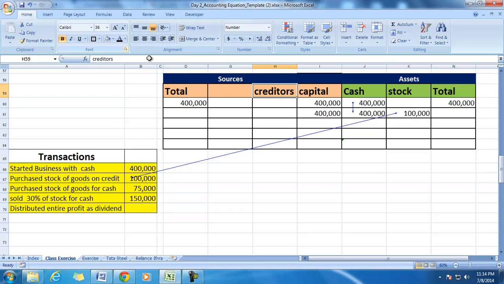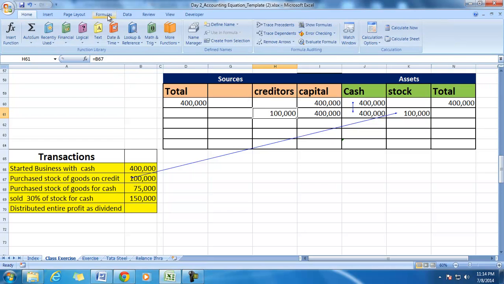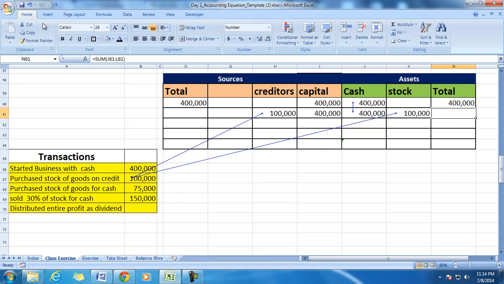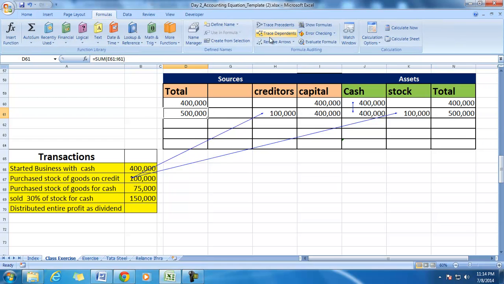However, there is another source, and the source is 100,000, which is a creditor. So the increase in the assets here resulted in the creation of a creditor. So the total of the sources equals the total of the assets, again 500,000.